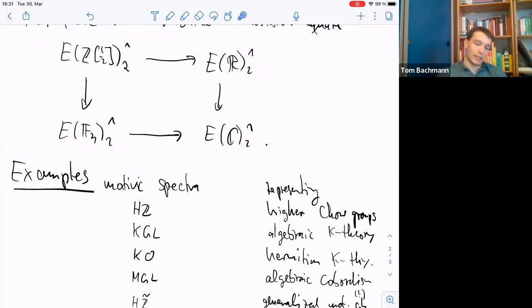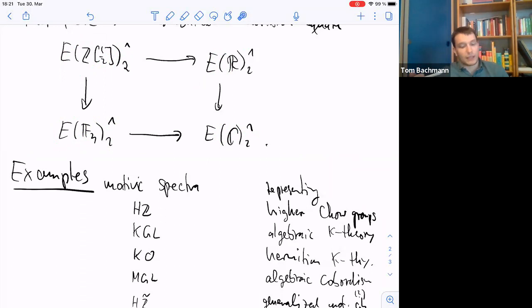There are some problems, of course, because there can be terms at the left and at the right of your long exact sequence, but you can analyze enough things to figure out that this is not a problem. Actually, it turns out that if you put here the Grothendieck-Witt ring of F_3 and of R and of C, two-adically completed, and you just take the pullback, then you get the Grothendieck-Witt ring here two-adically completed. So what this is going to tell you is that the two-adic completion is what you want.